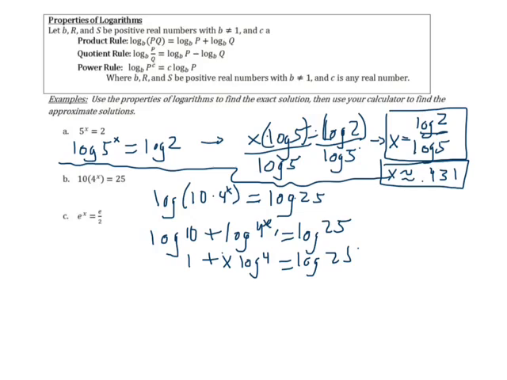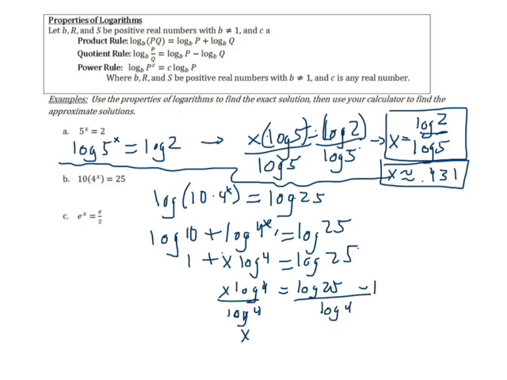Okay, and subtracting 1 from both sides, we get x log of 4 equals log 25. Dividing by the log of 4, we get our answer.